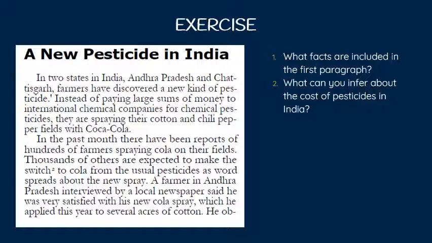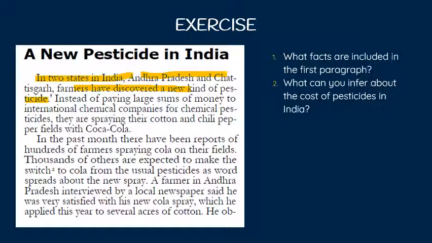Well, okay guys, so what facts are included in the first paragraph? I'm going to highlight the facts. The first one, this is fact. The first sentence in this paragraph, these are facts. Why?